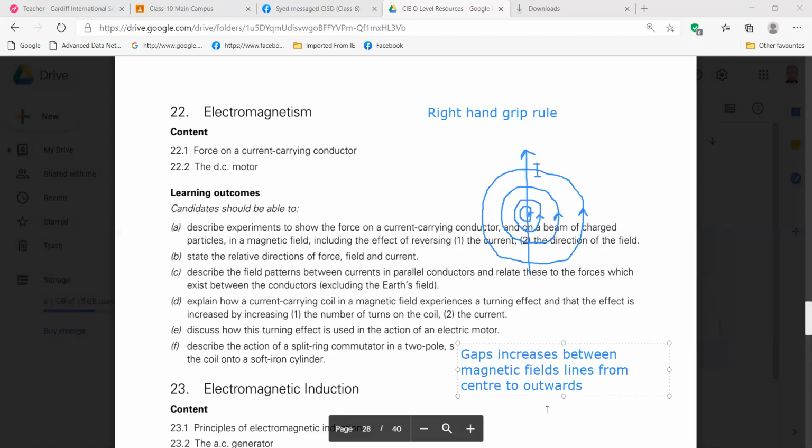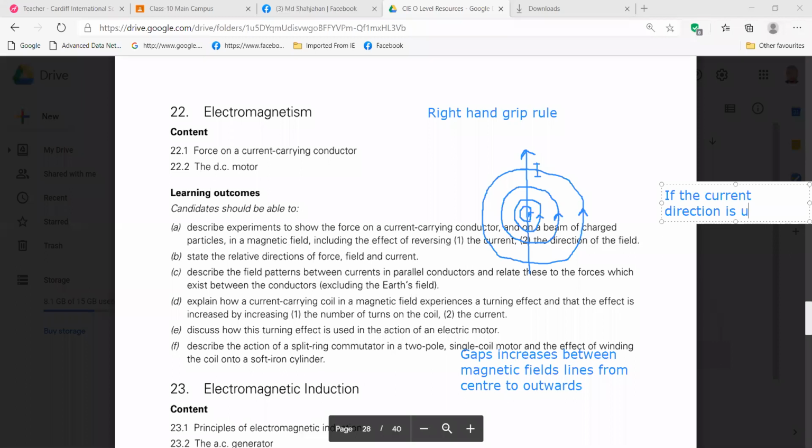Then the second condition, or second rule, is: if the current direction is upwards, then magnetic field direction is anti-clockwise.